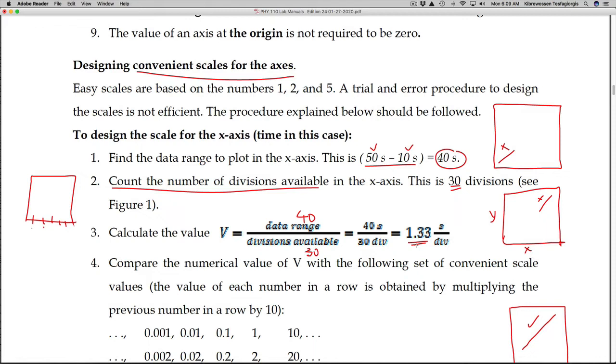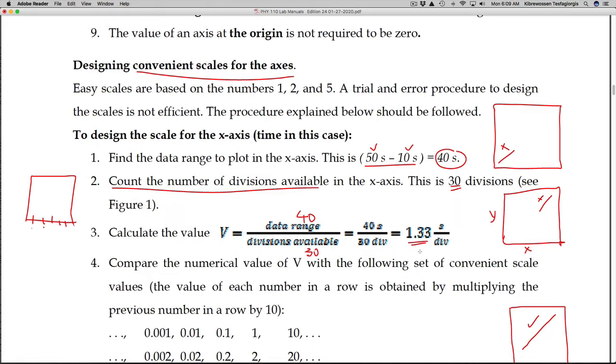But if you pay attention, this 1.33 is not a convenient kind of division, right? So it's better to have a number that is as close as possible to 1.33, and then we always scale it up.